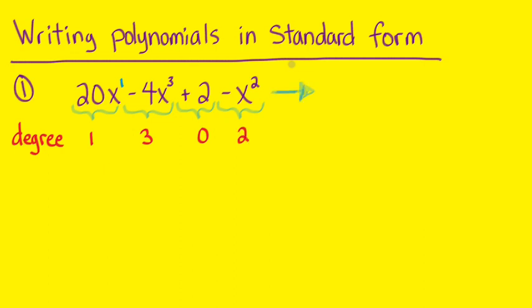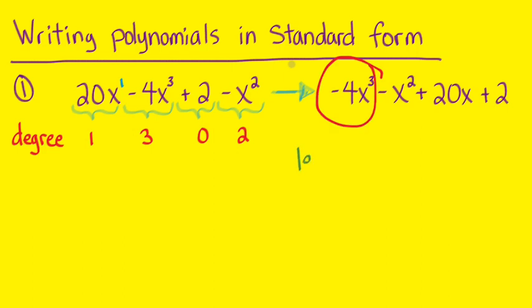So we put them in highest degree first, right? I like to say the head of the household. So negative 4x to the third goes first, then negative x squared, then 20x, and then 2. This is in standard form. The lead coefficient, or the head of the household here, is negative 4.